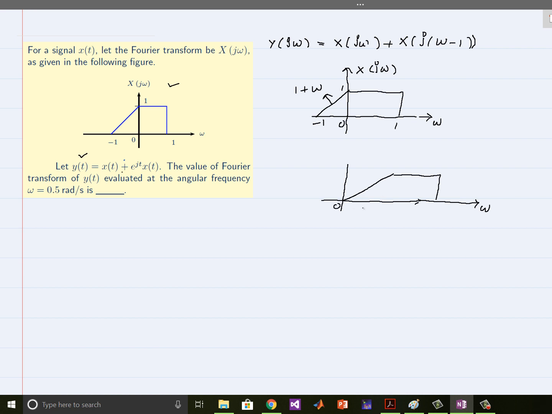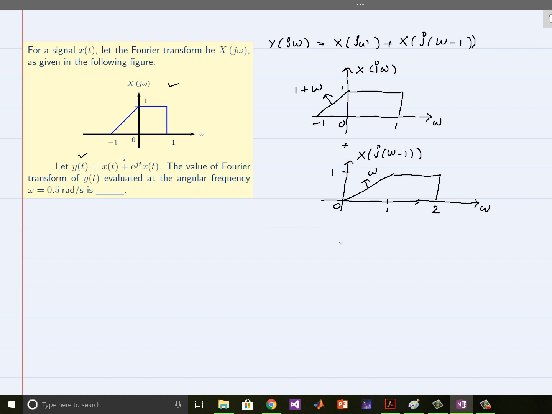So this would be 0, this would be 1, and this would be 2, and the corresponding amplitude would be 1. This would be our X of j omega minus 1. Because this is a straight line, the equation of this line would be omega.